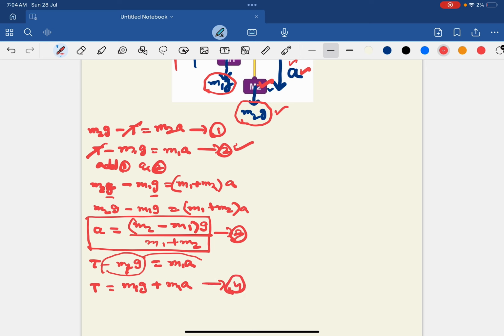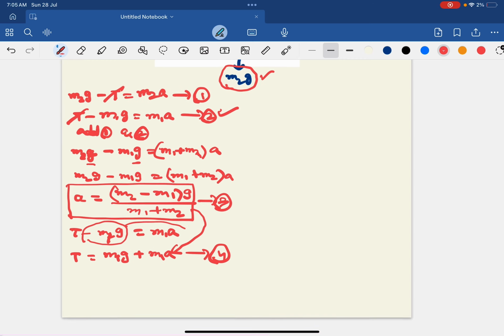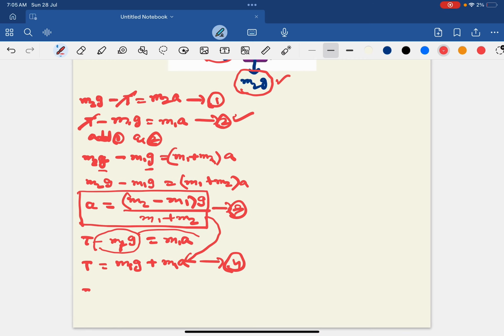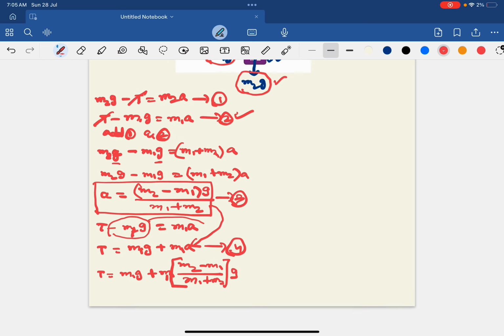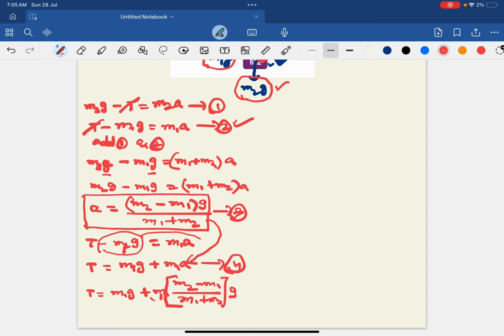Let us call this equation number 4. Now I am going to substitute equation 3 here. T is equal to m1g plus m1 into the acceleration formula, m2 minus m1 by m1 plus m2 into g.